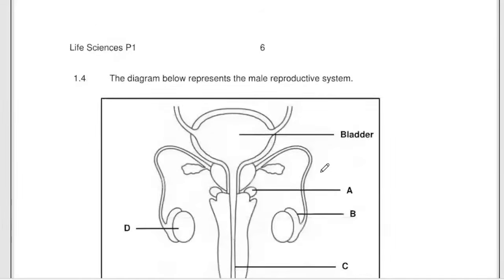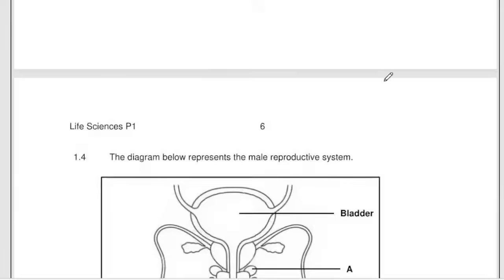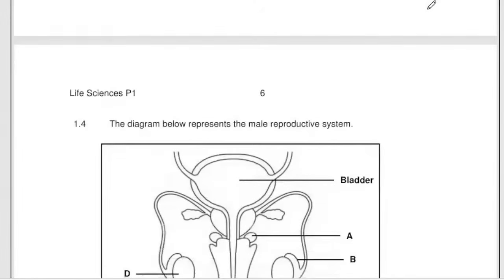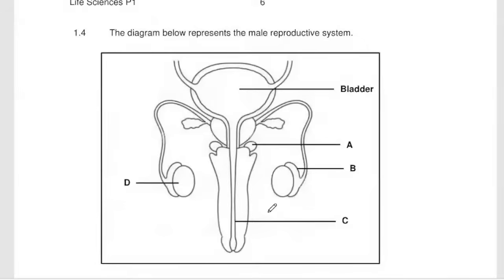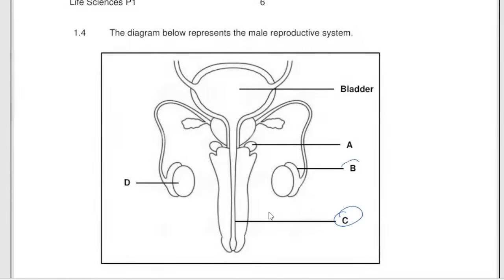Okay. Then we go to the next question, that is 1.4, and we see what is being asked. You have to make sure that you know how to label each and everything here. So this is the urethra, this is the epididymis, this is the cowpass gland, and this is the testis.